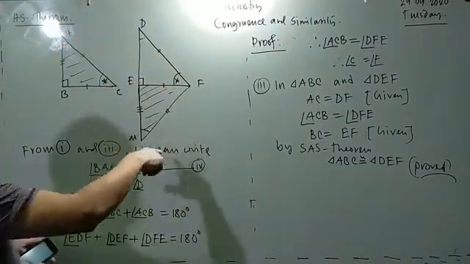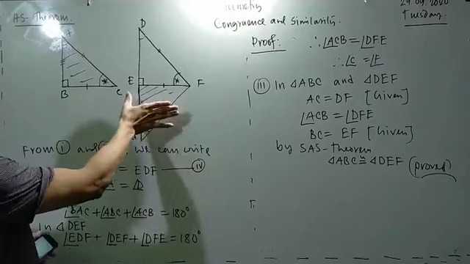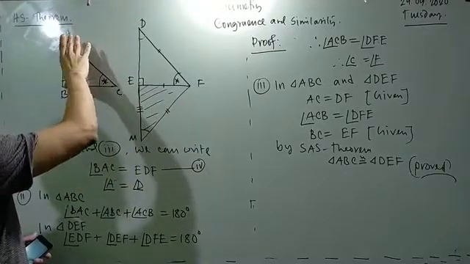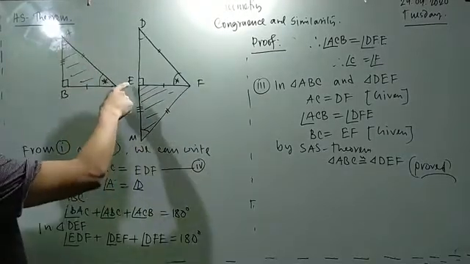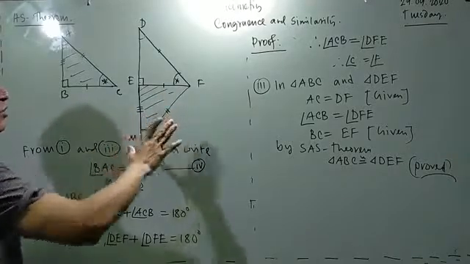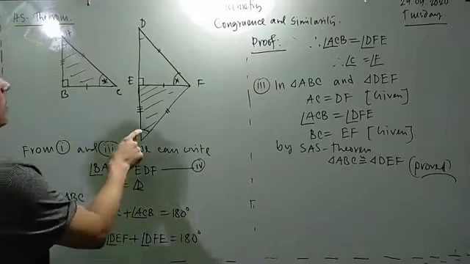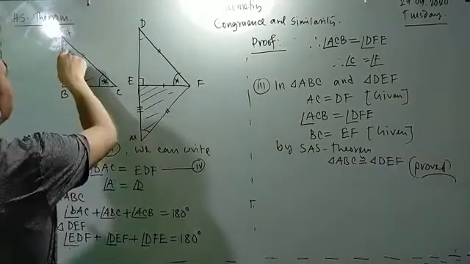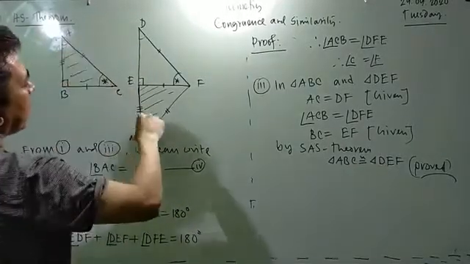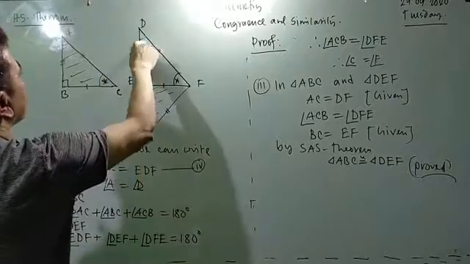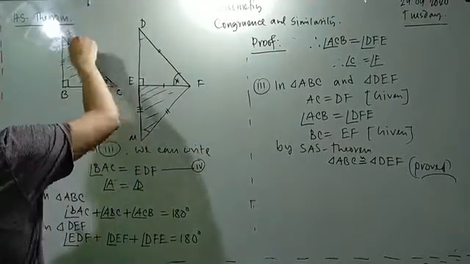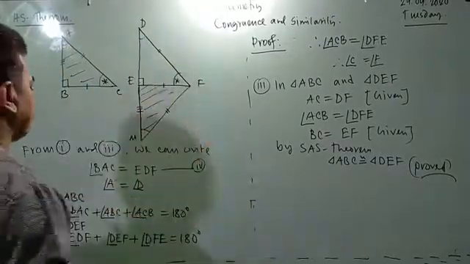First we took this new triangle here, and we have shown this ABC triangle and EMF triangle are both congruent, and after that we have shown this angle is equal to this angle, and this angle equals this angle. So we can say angle BAC equals angle EDF.